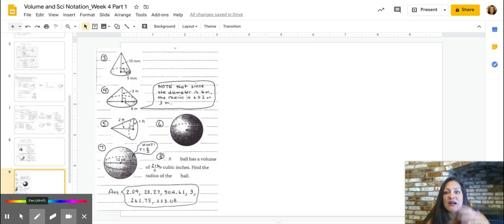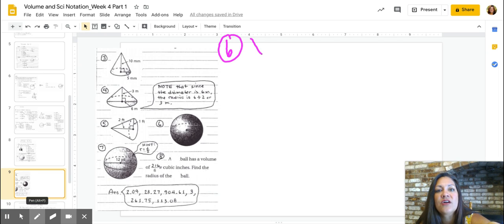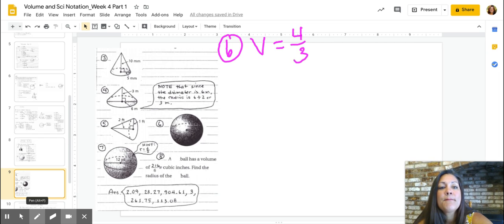Number 6, so that was our 3 on cones, and now we have, I believe, 3 on a sphere. Take a look here. Number 6 is a basketball. The volume of a sphere is 4/3 pi times a radius cubed.